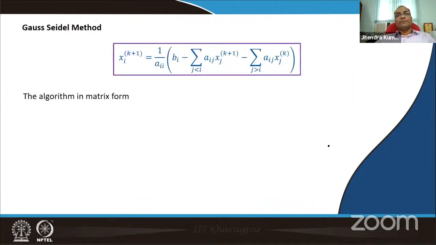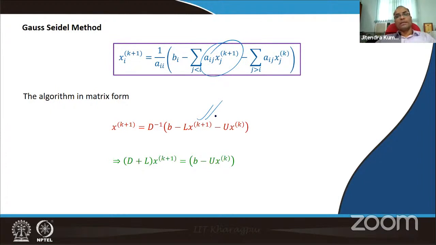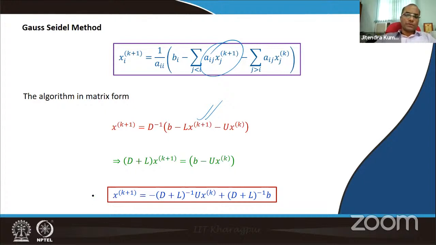If you put it in matrix form, then again, because of the (k+1)th iteration, with the L you will have k plus 1, and once you write it in the x equals Gx form, you will get this matrix vector form, and here G is going to be the iteration matrix.